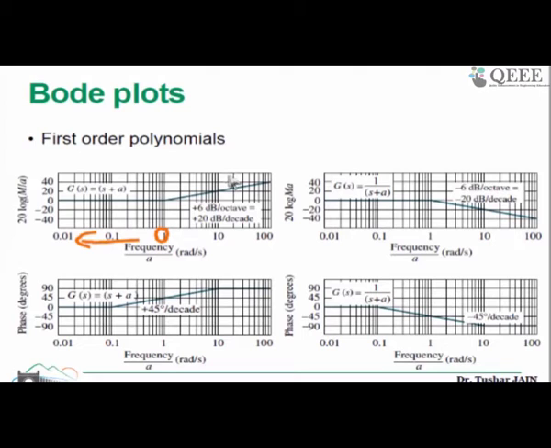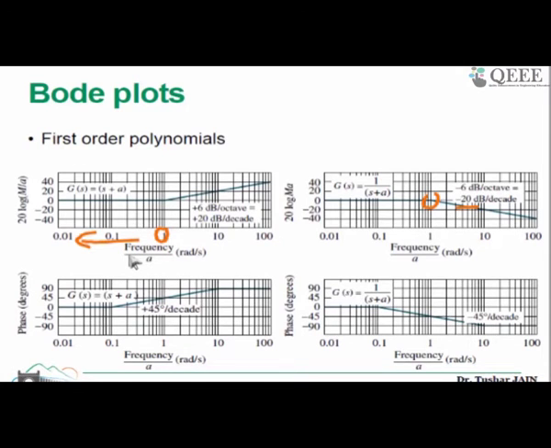But after that, when the frequency starts dominating, we have the plus 20 dB per decade slope. Similarly, when we have a pole at minus a, we will have a contribution of minus 20 dB starting at 1. Because if you notice the x-axis, my graph is already in the log scale, so it is sufficient to write the frequency as it is.